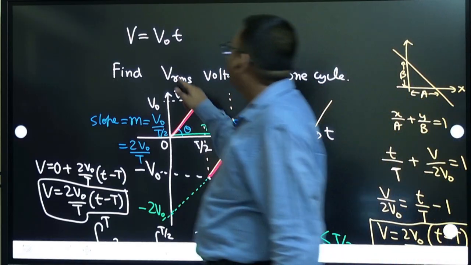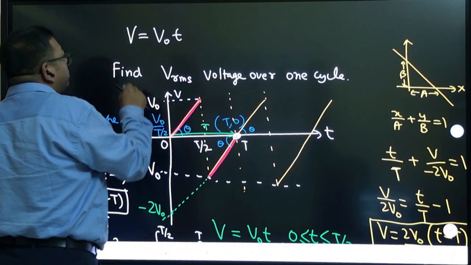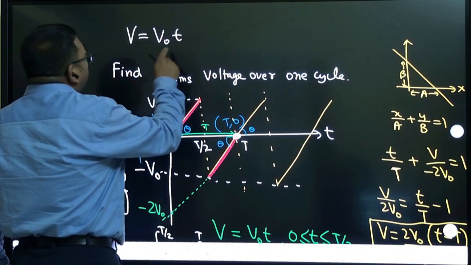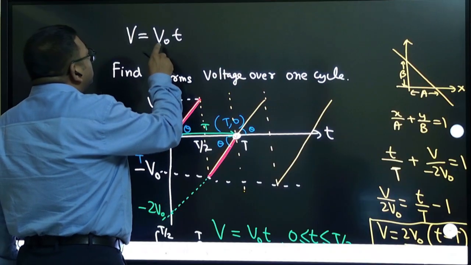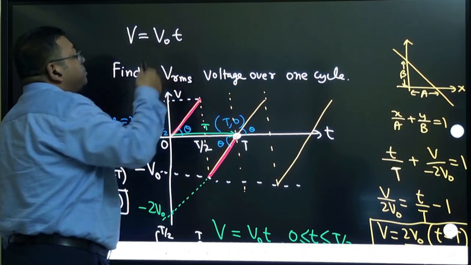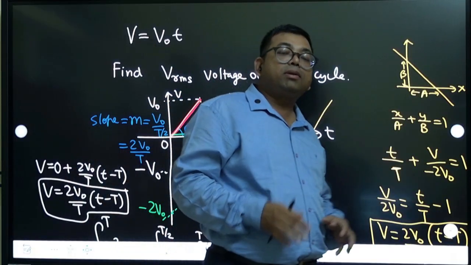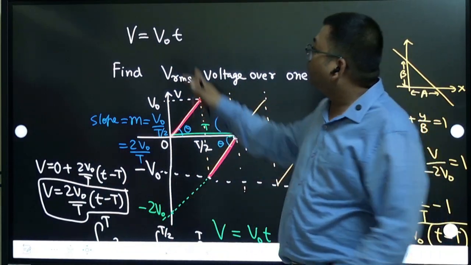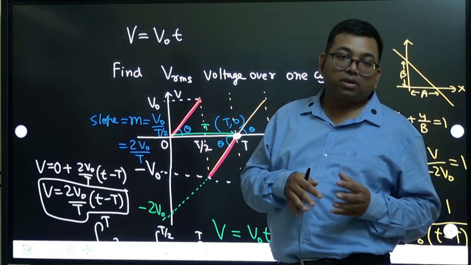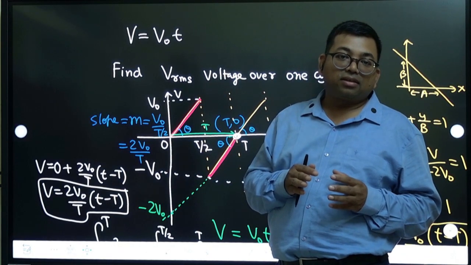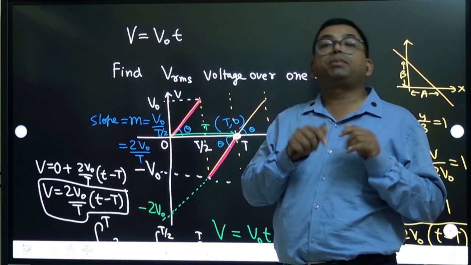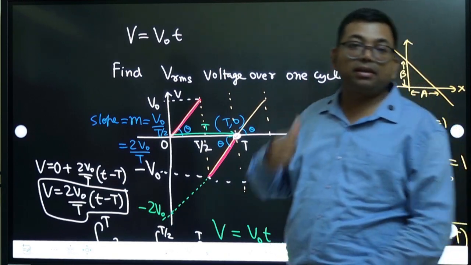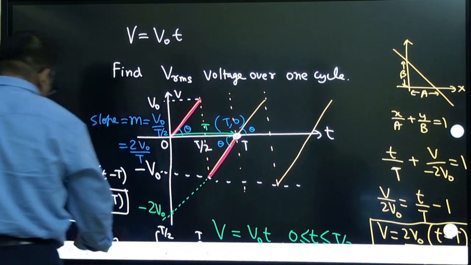Because this side is voltage and that side also should be voltage, V naught unit will be voltage per second, because voltage per second into second will give voltage. Now you match the dimension in the last step. Check that.